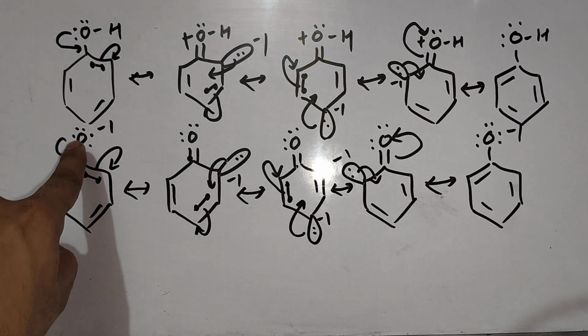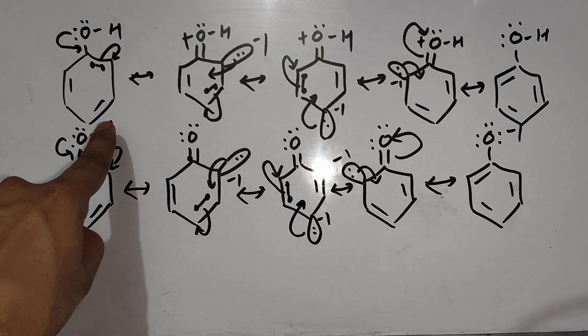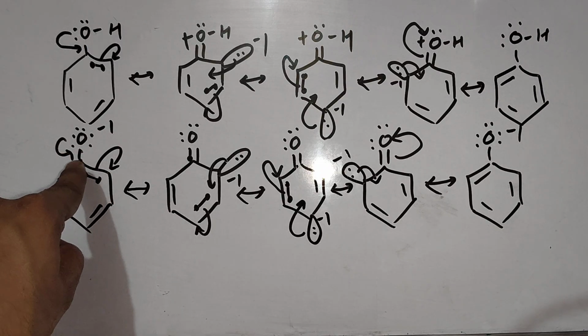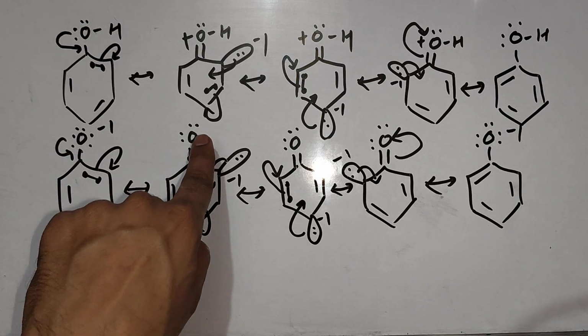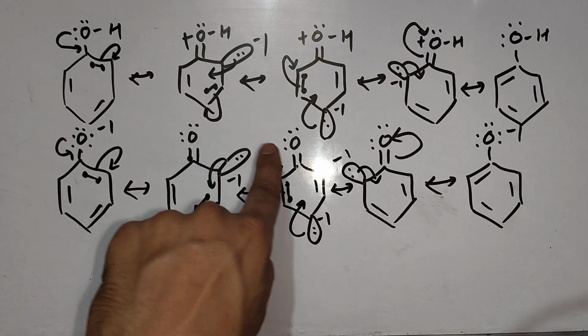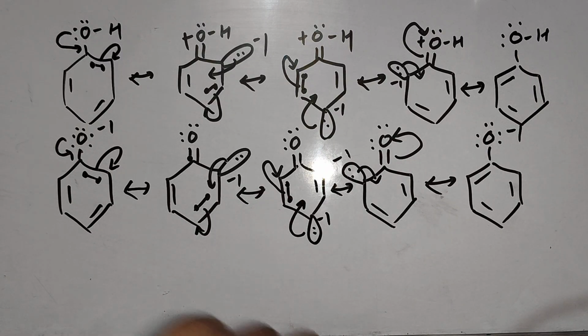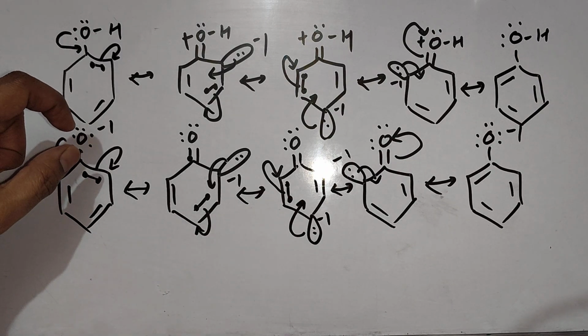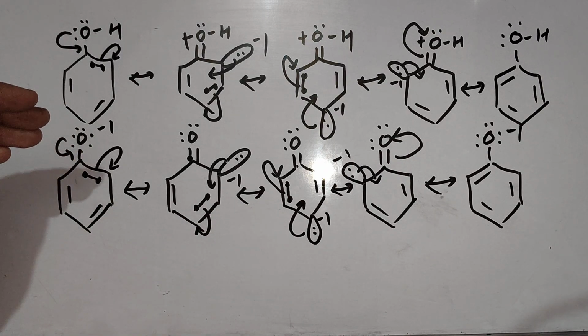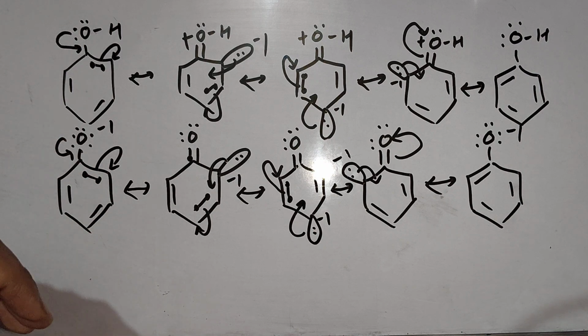Whereas the oxygen of phenoxide, you can check, it was unstable, and after donating electron in the benzene ring, it is getting stability. Here it does not have any charge. Means the oxygen of phenoxide ion will be highly eager to donate electrons in the benzene ring.